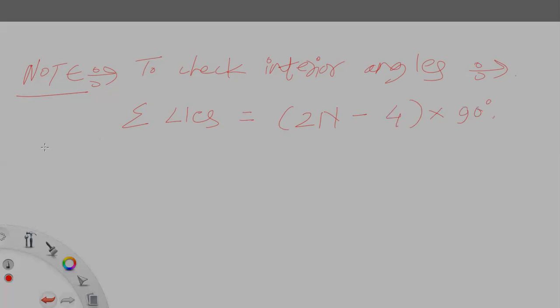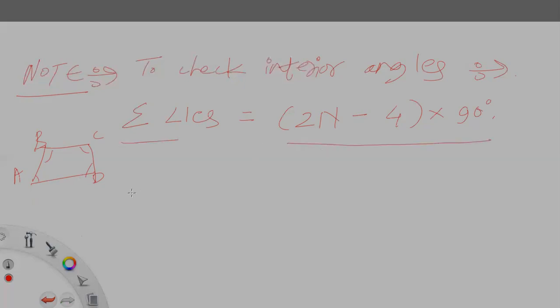So if you have a traverse such as A, B, C, D, and you sum all these internal angles, the summation must be equal to this.